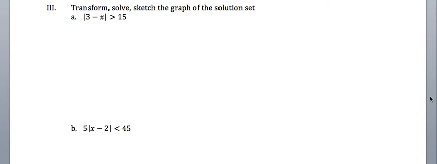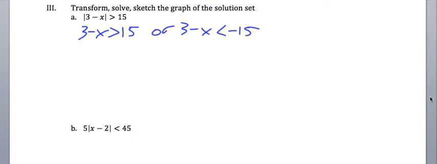B is a little tricky. Okay, so for this one, I'd start with 3 minus x is greater than 15, or 3 minus x is less than negative 15. When I solve these for x by subtracting 3 from both sides, my problem is that I get a negative x.